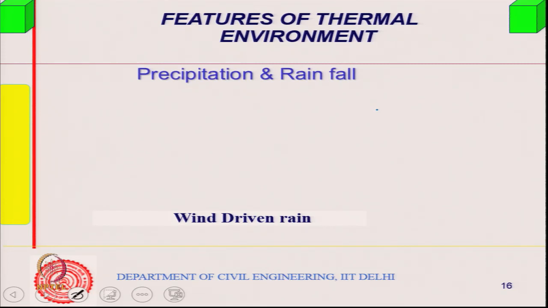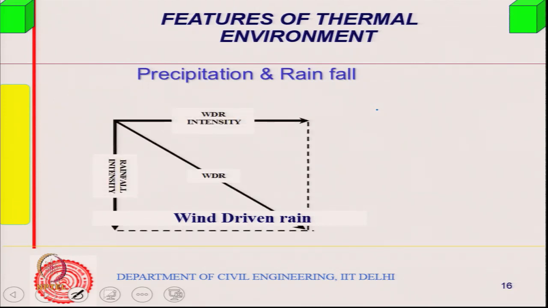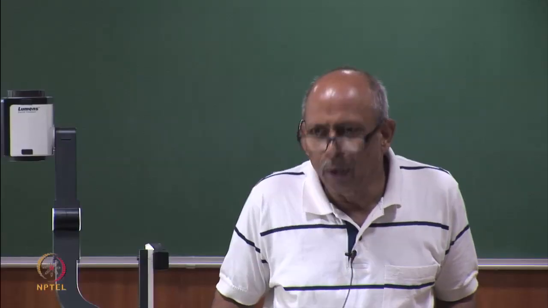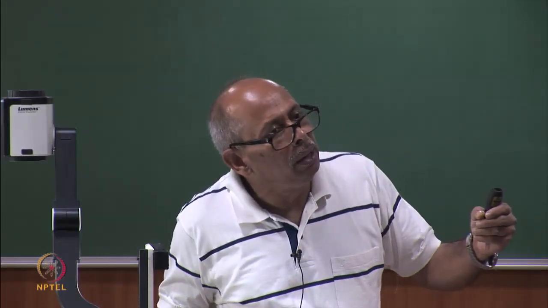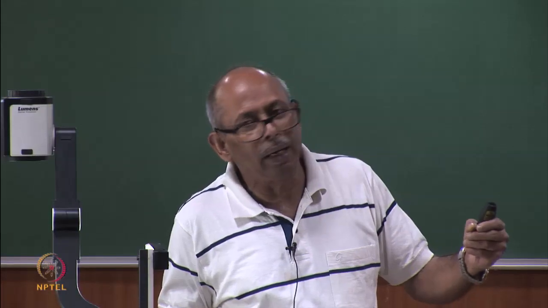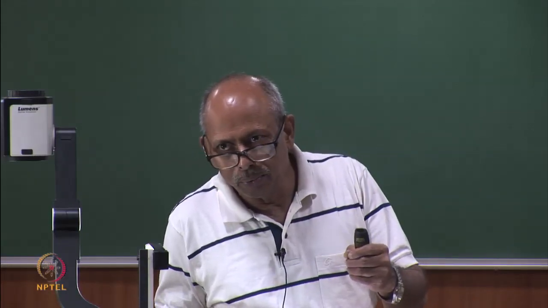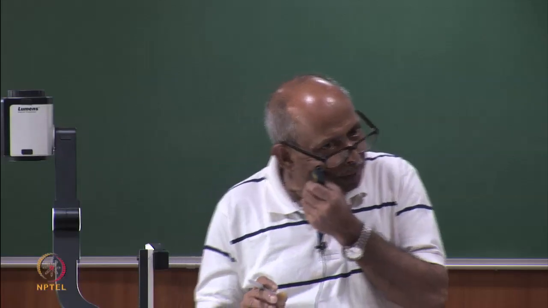Precipitation is what? It is snow, rain, everything put together, we call it precipitation. And the driving rain index is very important in certain types of climate. Rainfall intensity, we would like to protect the building from rain as well. For example, if you come from Kerala or northeast India, you have a lot of rainfall, and wind driven rain, as we call it, would push rain inside into the room or space, so wind driven rain is important.